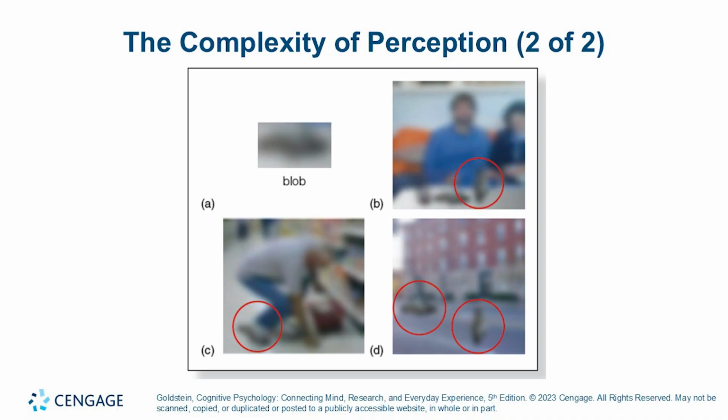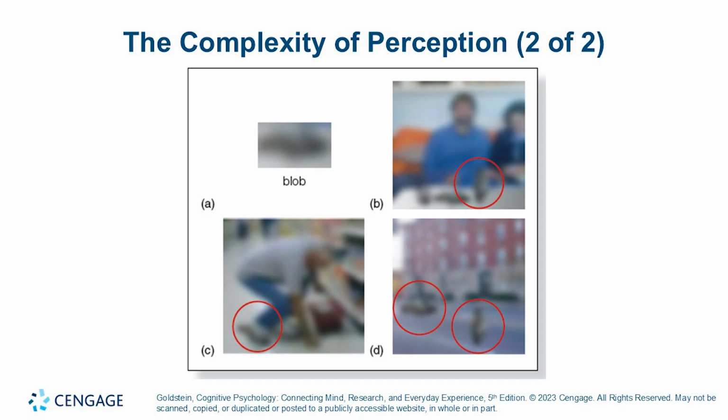A really good example of this is how a single outside representation of a visual object, so for example, the little blob you see in part A of the image on the slide, if we take that exact sequence of pixels and we put it into different contexts, the brain will interpret it in very different ways.